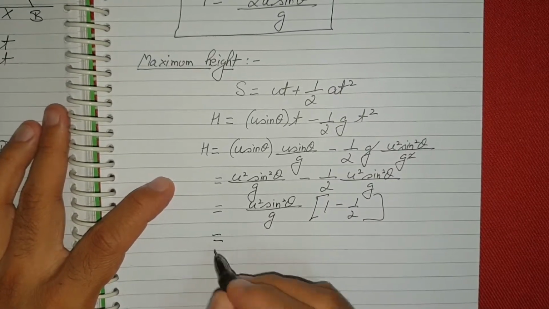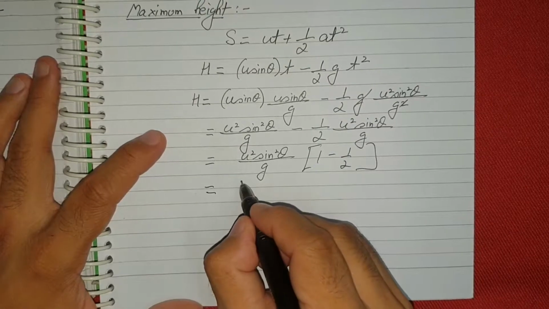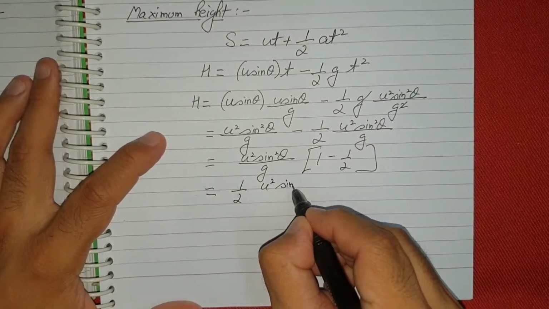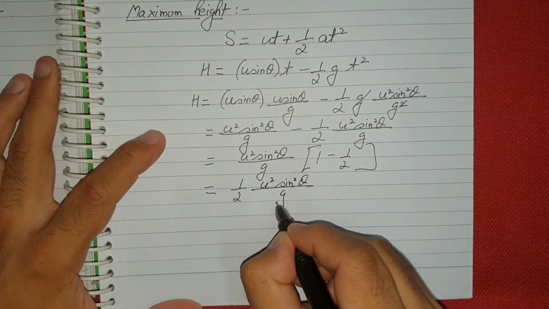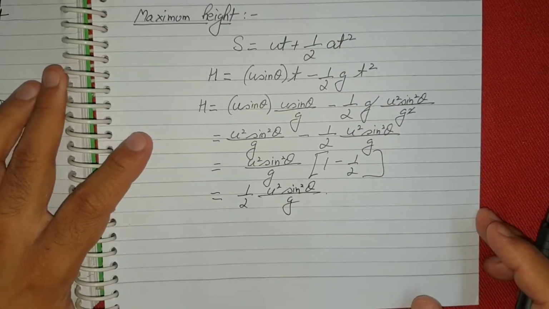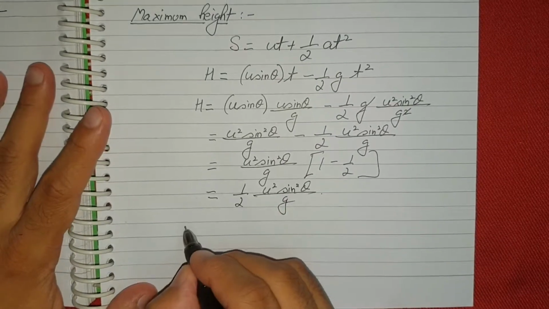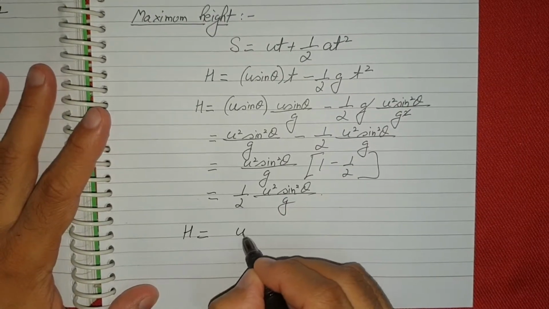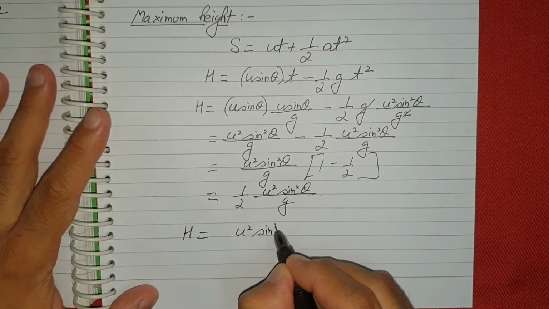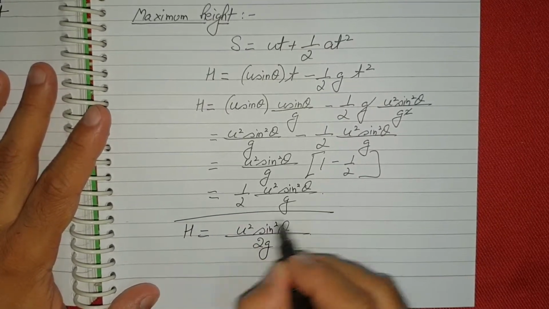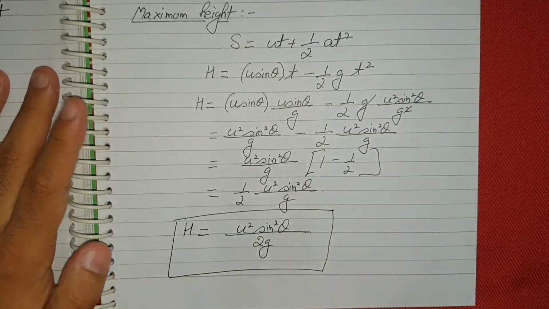So this is equal to 1 by 2 of u square sin square theta by g. So the expression for the maximum height, capital H, will be u square sin square theta by 2g. So this is the maximum height reached.